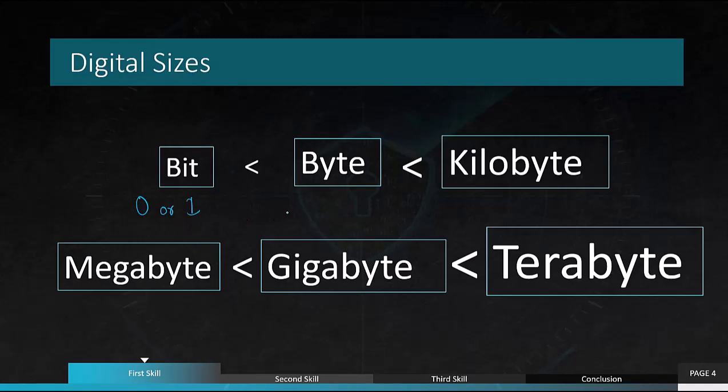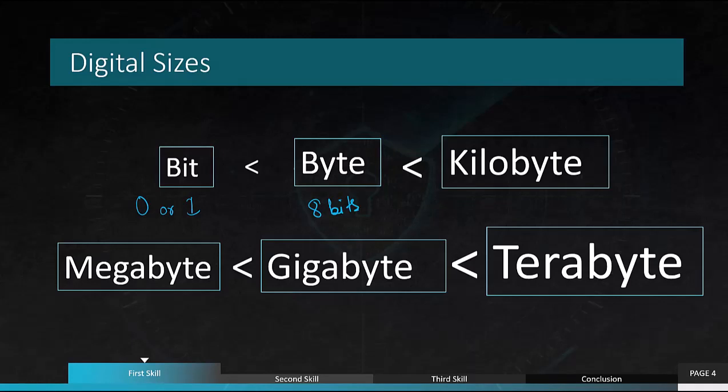Once we move further, the next term is byte. Now, what is a byte? A byte is again digital information but contains 8 bits. This means when there are 8 bits, it can be considered as a byte.